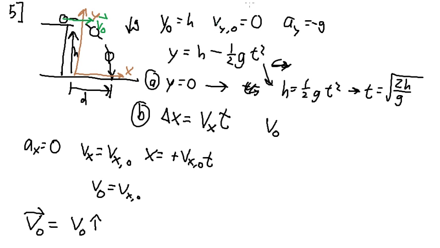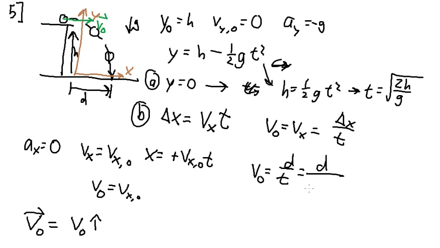So pretty easy then to say v naught equals vx equals the distance it went in the air divided by the time. It keeps its velocity the whole time it's in the air, it just keeps moving to the right. Boom. So v naught is d over t, which is d over that lovely little square root of 2h over g we had before, which is then equal to d square root of g over 2h.